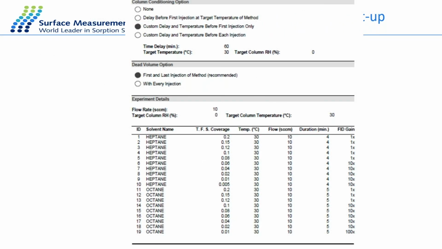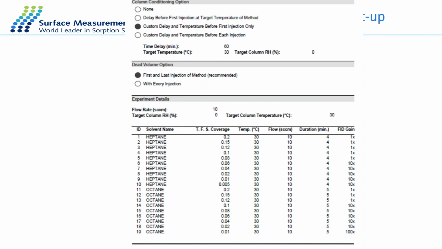So with the IGC technique, you can determine the surface energy heterogeneity if you probe a very, very small concentration in infinite dilution. So starting with very, very small concentrations, or you can go below 0.5% on average.